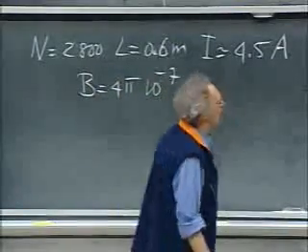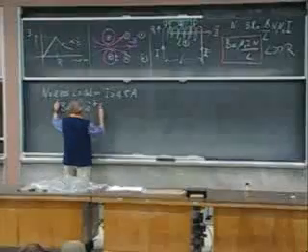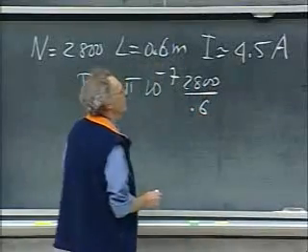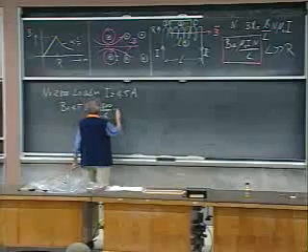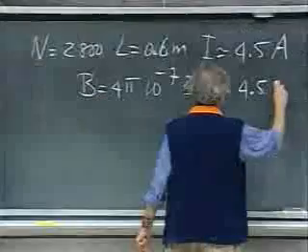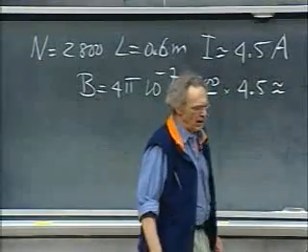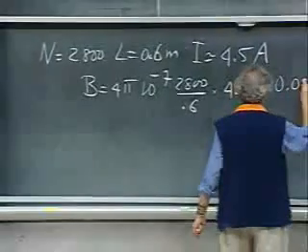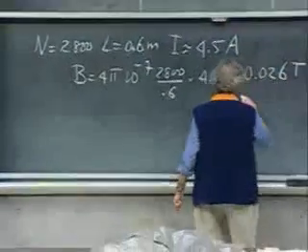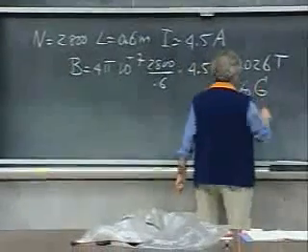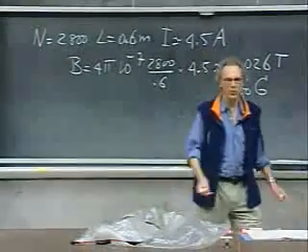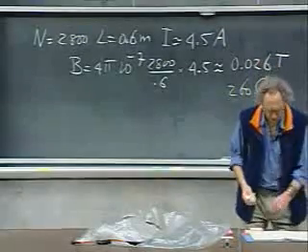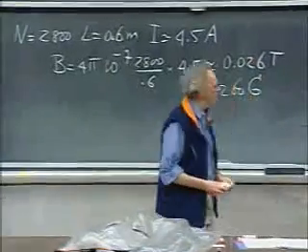And then I have to multiply it by 2800, divided by 0.6, and then I multiply it by the current, 4.5. And when I do that, I find about 0.026 Tesla. 0.026 Tesla, that is about 260 Gauss. And when we do the experiment, the current will be a little different, but you will see that indeed the field will be very close to 260 Gauss.